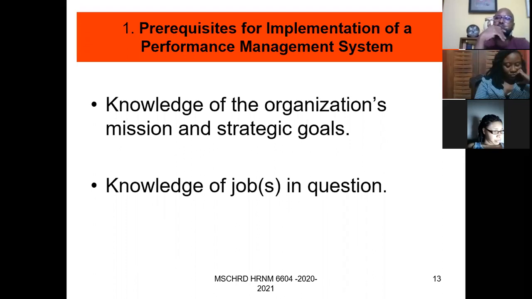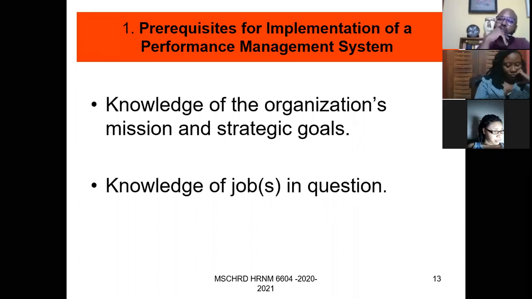But we will talk about that later because that system has many implications. So Chantel is saying that she has a 360 system. We will come to that. Let us not deal with 360 now because there's a lot to learn about the different types of systems. So let us go back to where we were.